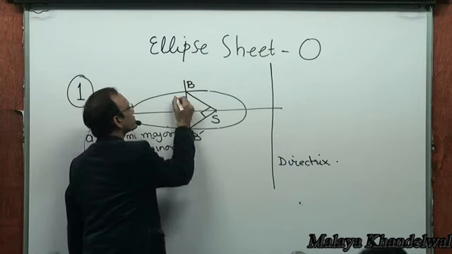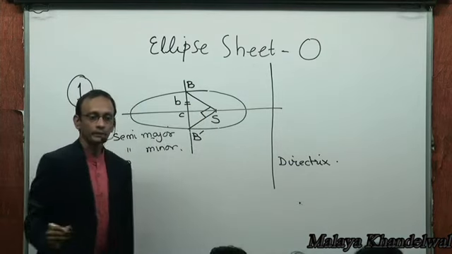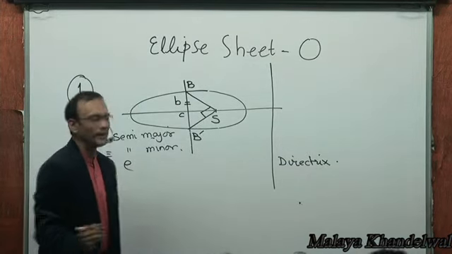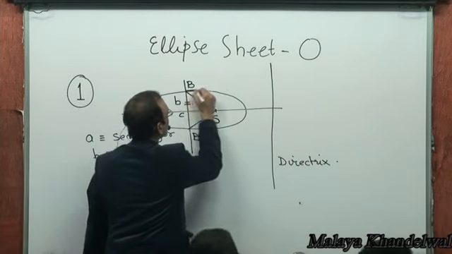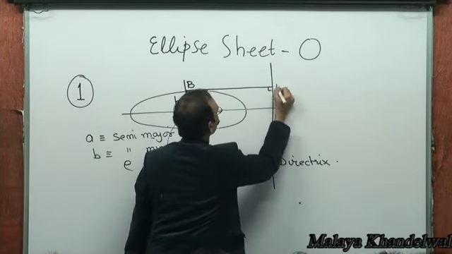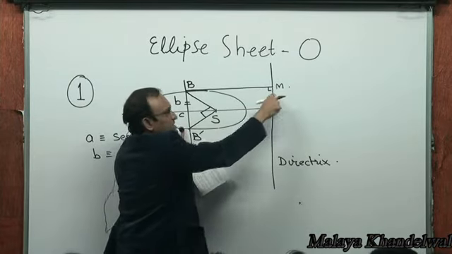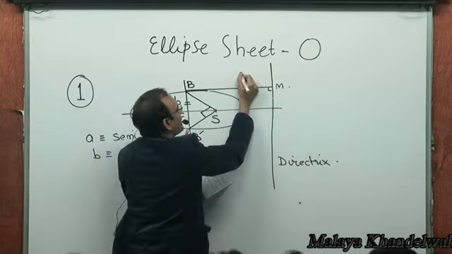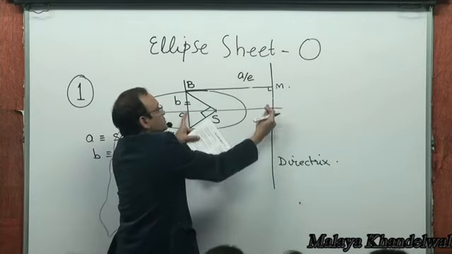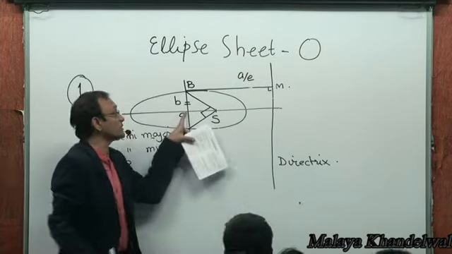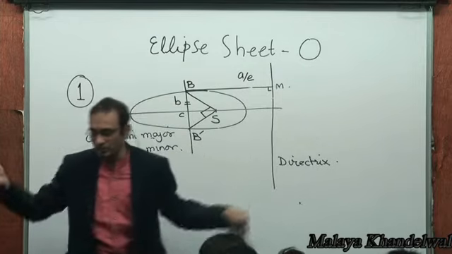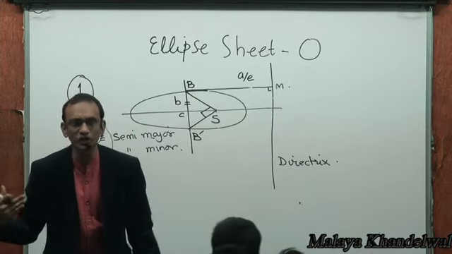BC is small b, right? Now, this distance, BM, is the distance between the minor axis and the directrix, which is always A by E, isn't it? Do you all understand that?